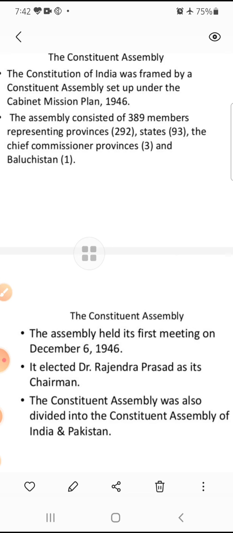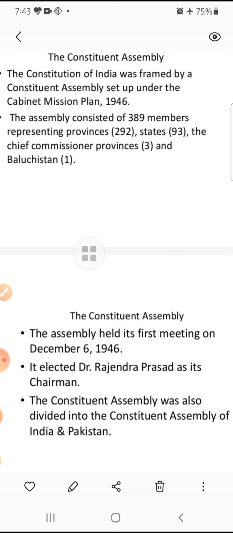This was regarding the Constituent Assembly earlier. The Assembly held its first meeting on December 6, 1946, and it declared Dr. Rajendra Prasad as chairman, and the Constituent Assembly was also divided into the Constituent Assembly of India and Pakistan.